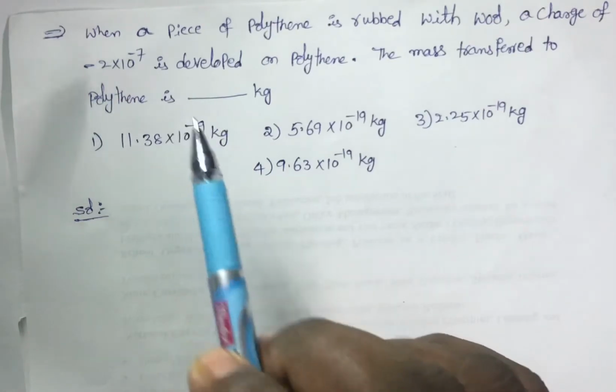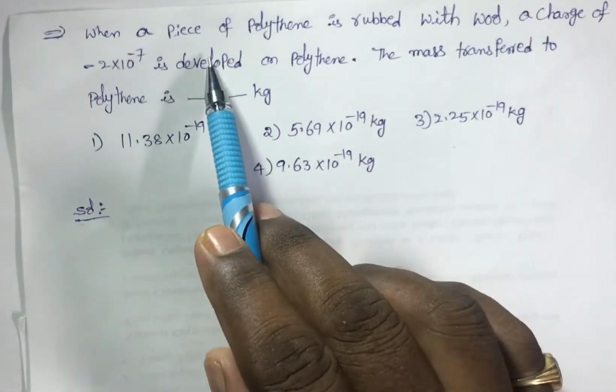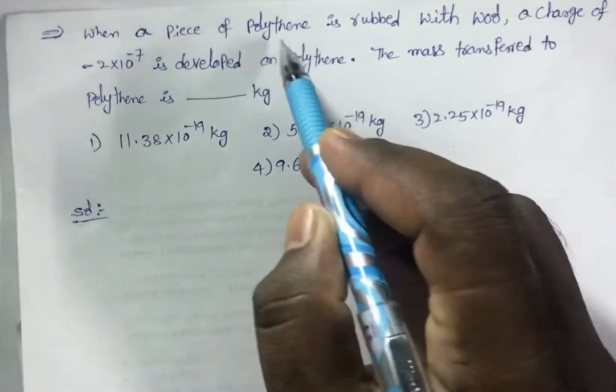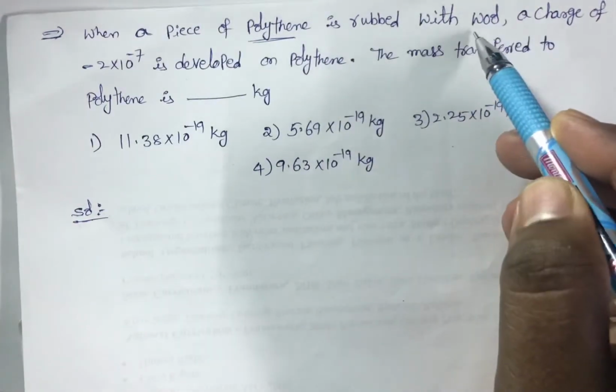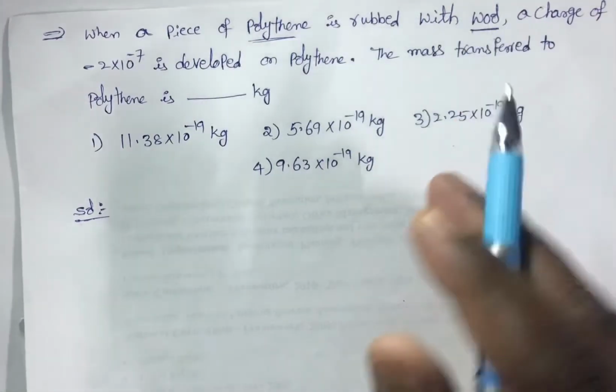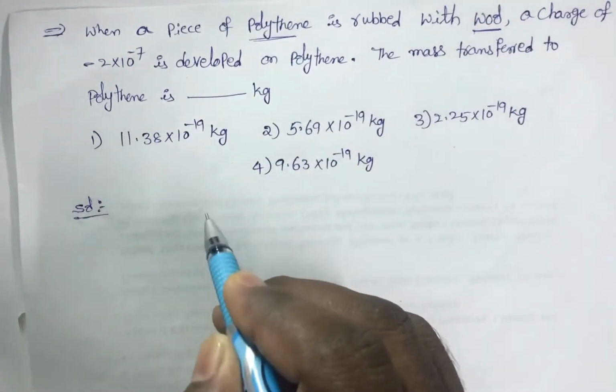Once again, before solving this problem, all of you read it. When a piece of polythene is rubbed with wool, here we have two materials: one is polythene and another one is wool.